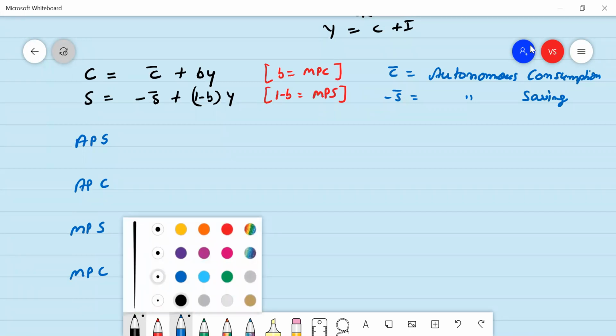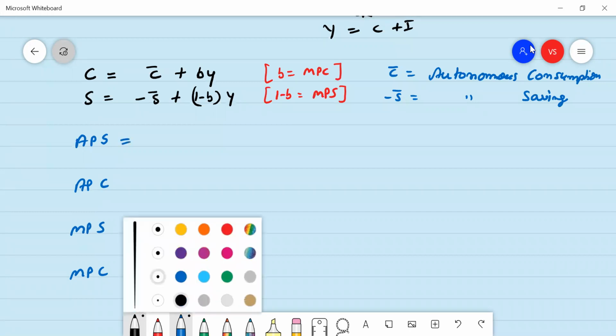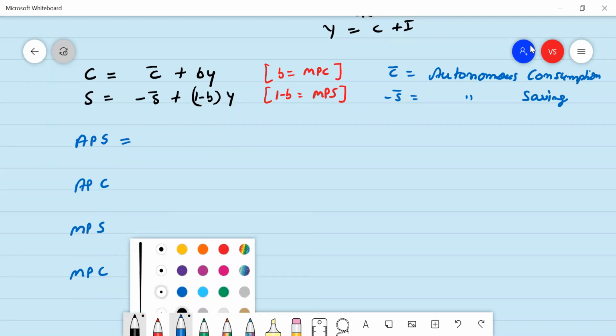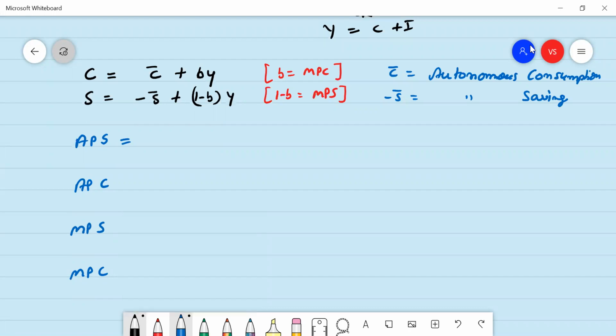It is very easy to write the formula, and I explained a trick to write these.